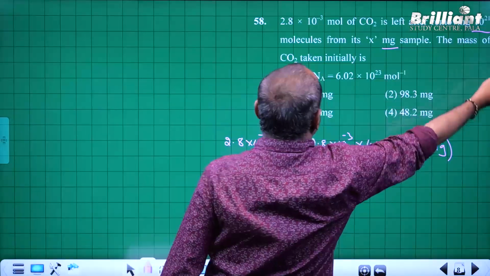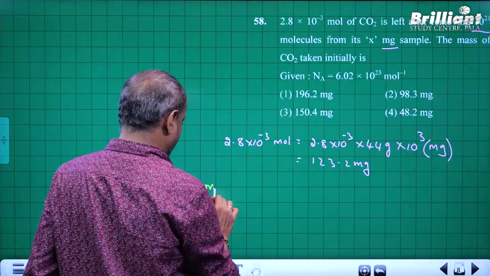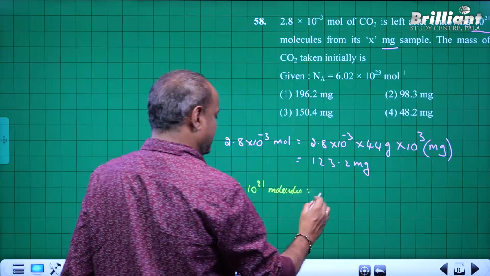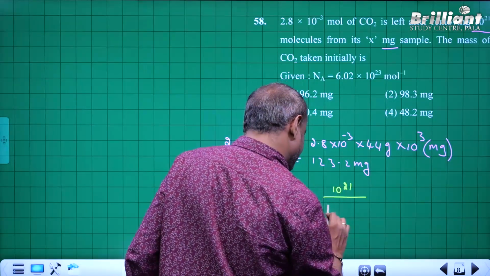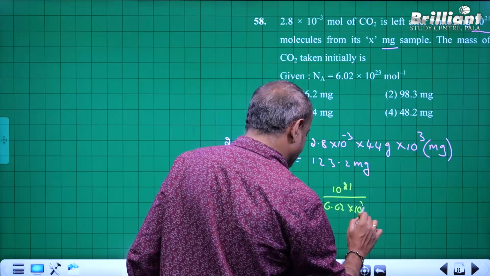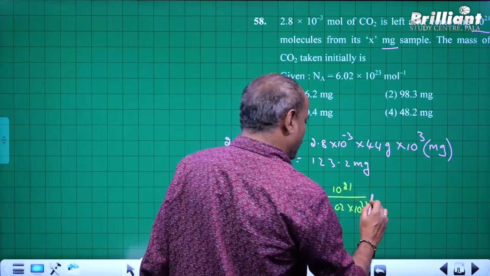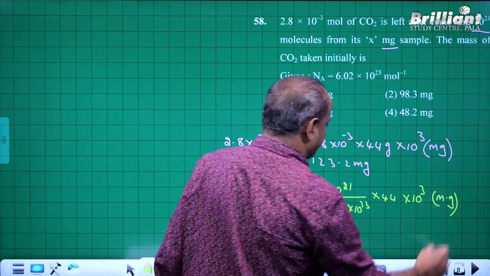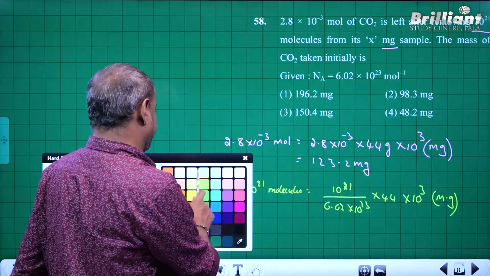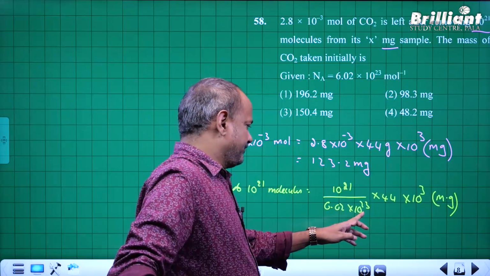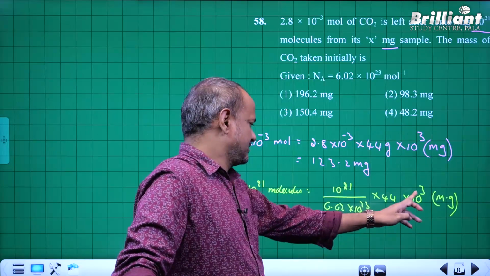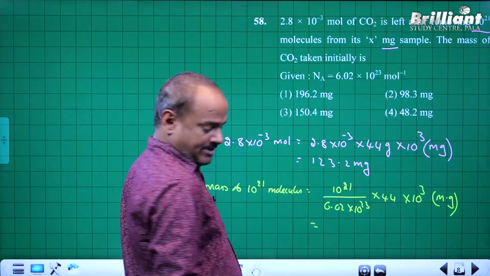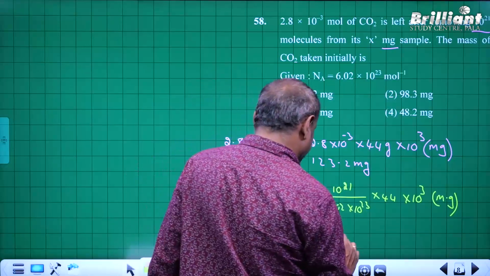Next, these molecules also into milligrams. Mass of 10 raised to 21 molecules is equal to 10 raised to 21 by 6.02 into 10 raised to 23, which is the number of moles, into 44 grams into 10 raised to 3 milligrams. That gives nearly 73 milligrams.